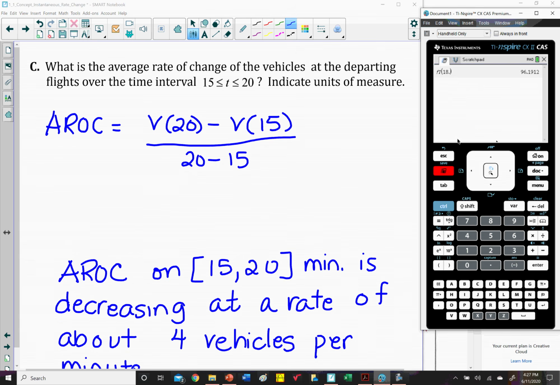And we can use the calculator for that as well. So the vehicles at 20 minutes minus the vehicles at 15 minutes divided by that 5-minute interval, 20 minus 15, is a negative number.